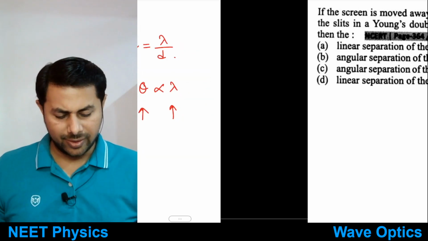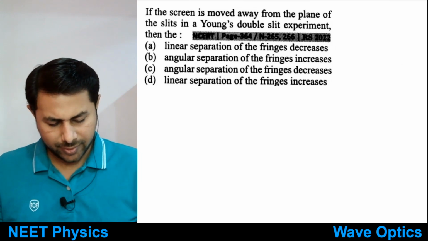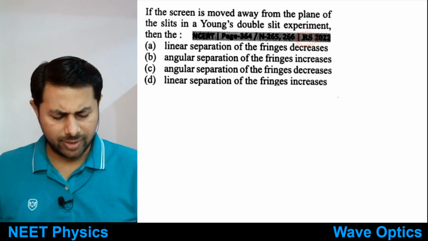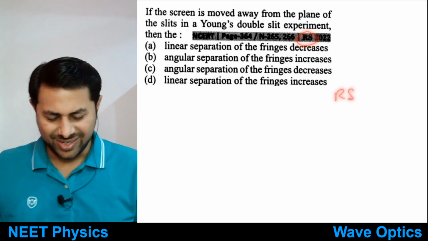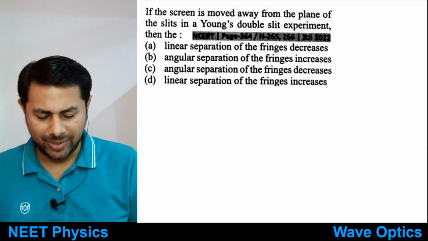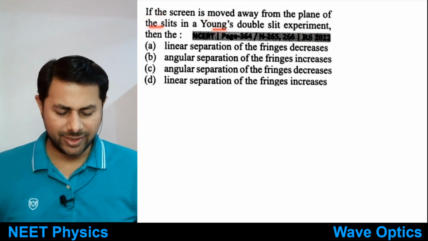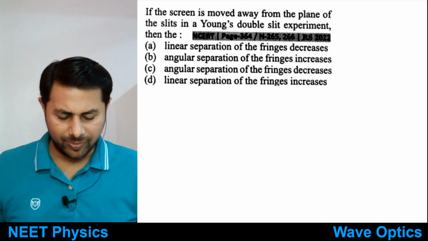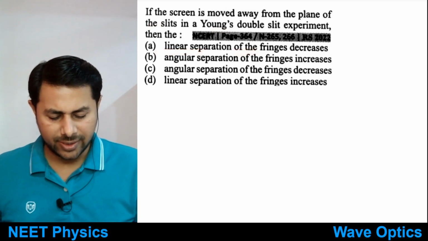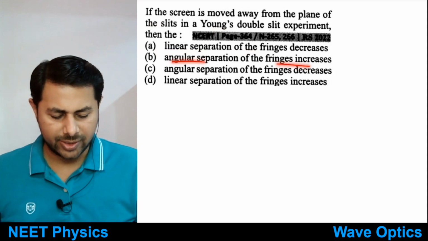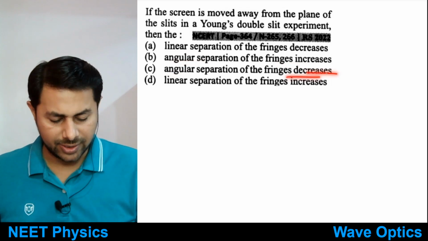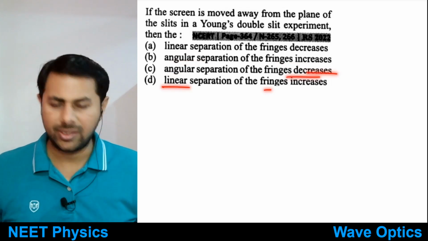Good, let's see the next one. This is not from NEET, some other exam, maybe Rajasthan, I don't know. If the screen is moved away from the plane of slits in Young's double slit experiment, then the linear separation of the fringes decreases, the angular separation of the fringes increases or decreases, or the linear separation of the fringes increases.